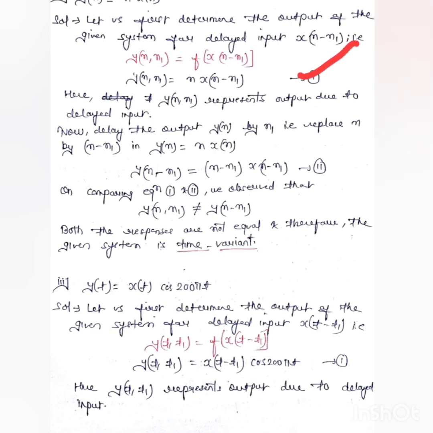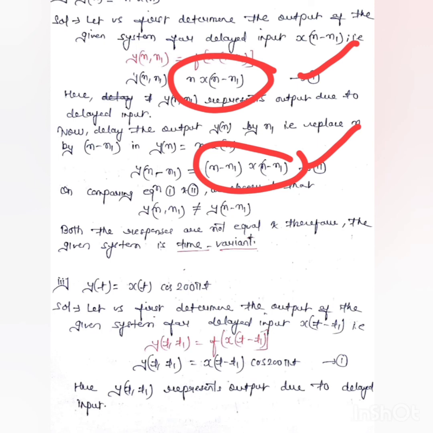On comparing these two equations, here we have x of n minus n1, but here we have n minus n1 times x of n minus n1. So there is a difference between these two expressions: here we have simple n, and here we have n minus n1.